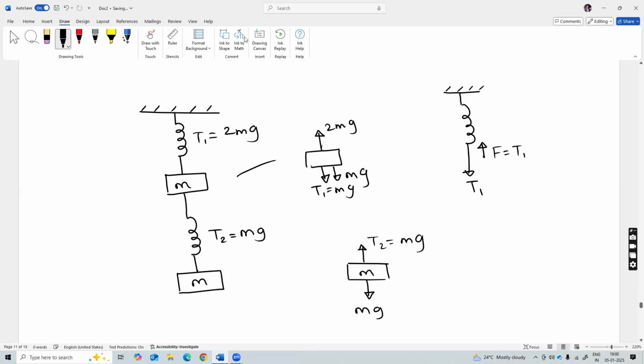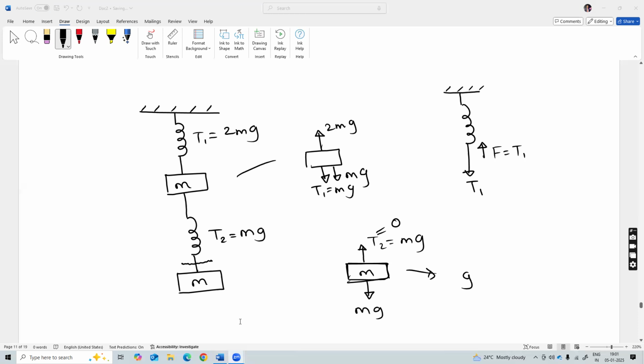Now, if you cut this string from here, T2 will vanish. T2 will become equal to 0. So this body will be under acceleration due to gravity g. Is this last point clear?